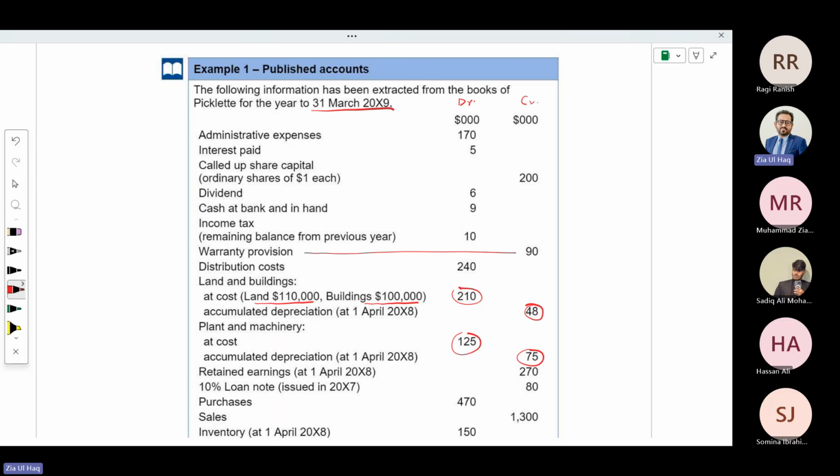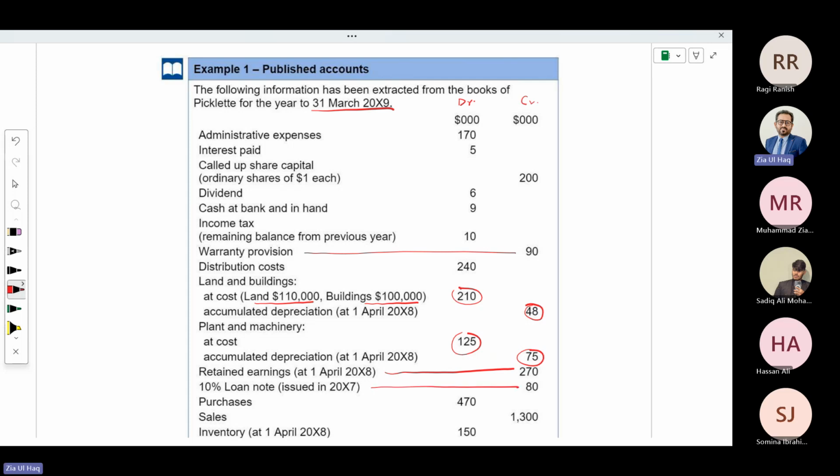This amount is retained earnings. The year end is 31st March 20X9, so this is opening retained earnings, in which we need to adjust current year profit. If there is any dividend paid, we need to deduct it, and then we arrive at the closing retained earnings figure for the balance sheet.